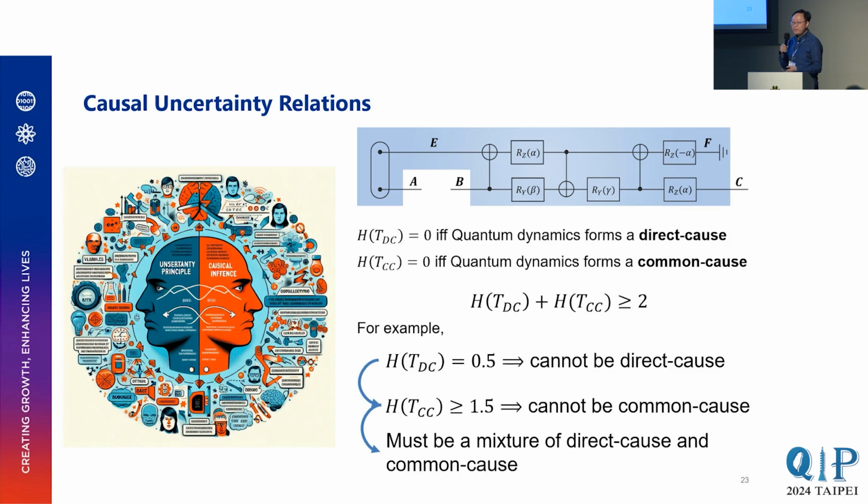Now, assume we implement some measurement and gain the uncertainty of 0.5, then we can conclude it won't be direct cause. But at the same time, we know HTCC is greater than 2 minus HTDC, so it's 1.5. And hence, we can conclude that the quantum dynamic cannot be a common cause. In this sense, the quantum dynamic can only be a mixture of direct cause and common cause. That's why uncertainty relation can be used to do causal inference.